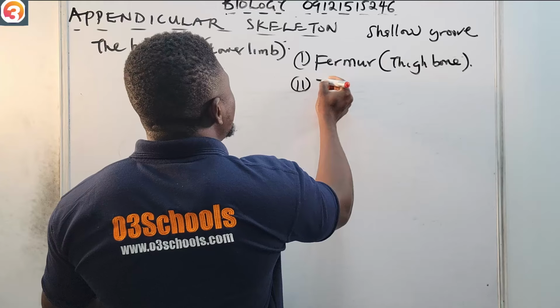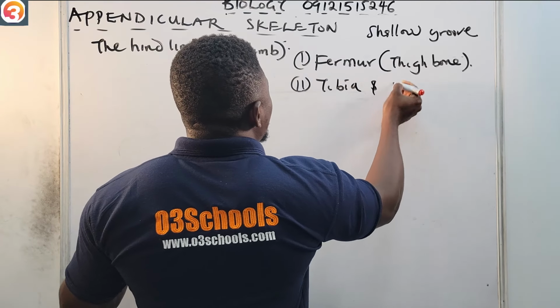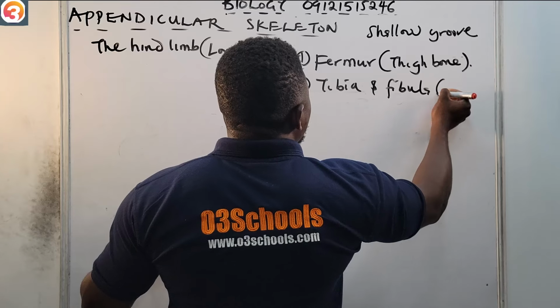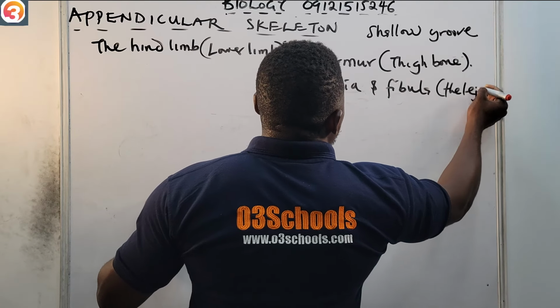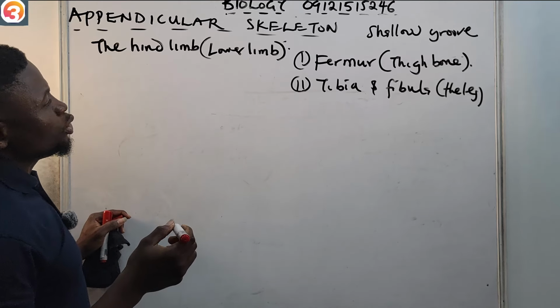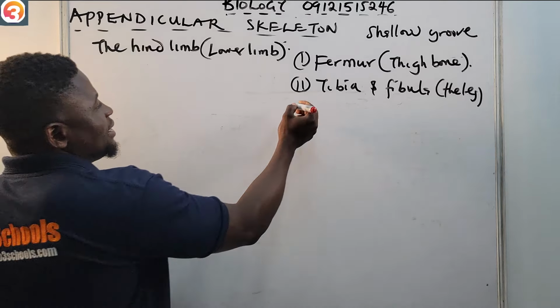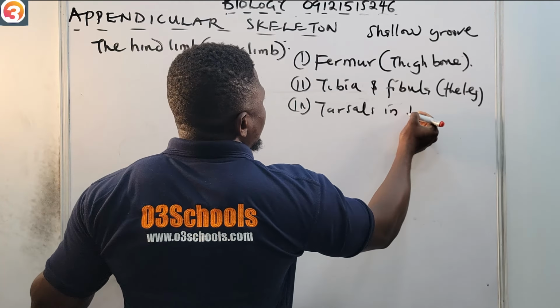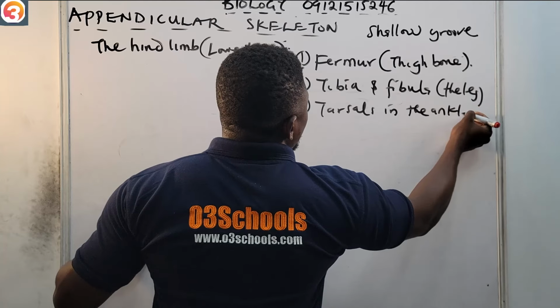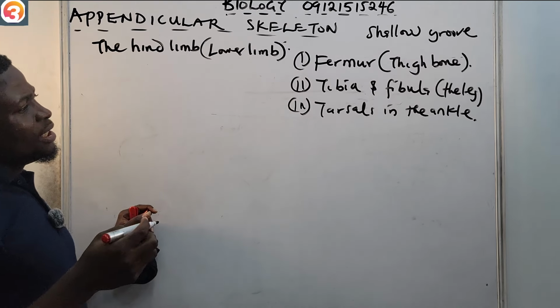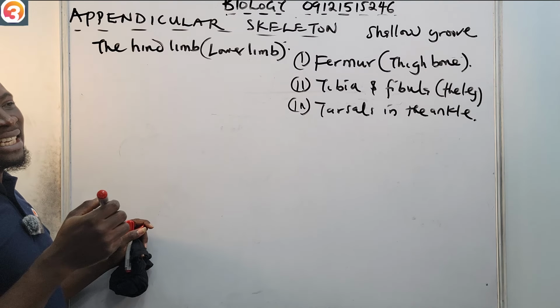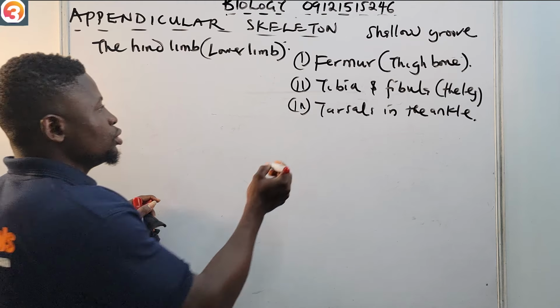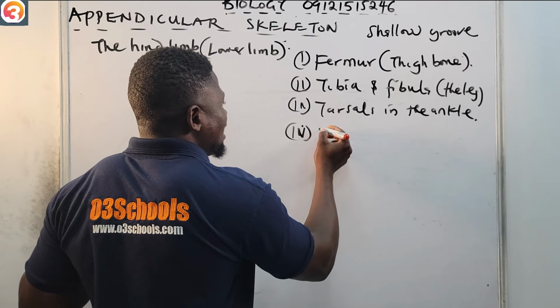We also have the tibia and fibula, found in the leg. They also have the tarsals in the ankle, and the metatarsals in the foot.